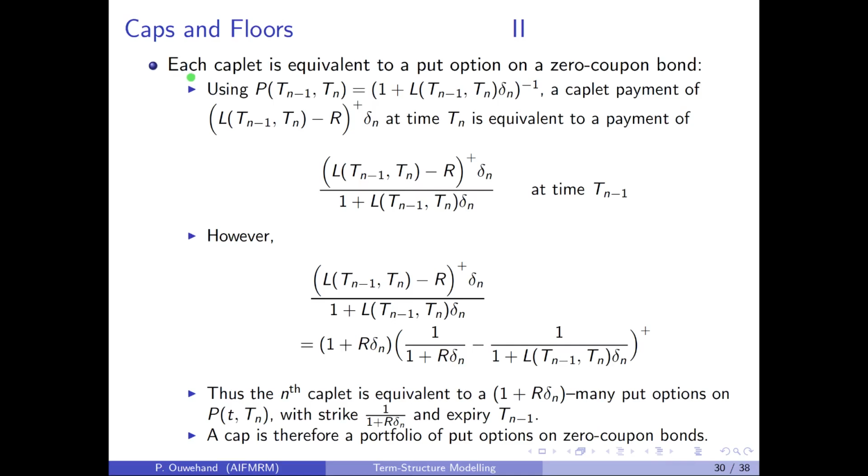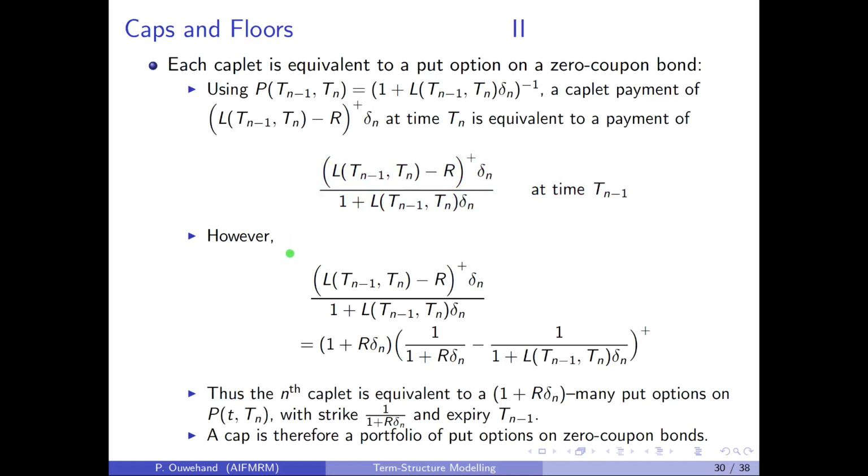We use this fact to show that each caplet is equivalent to a put option on a zero coupon bond. First, we express the value of the Tn bond at time Tn minus 1 in terms of the LIBOR spot rate, as follows. Then we discount the caplet's payment at time Tn, namely this expression here, by multiplying it by this bond, in other words, by dividing through by this expression. And so the payoff of the caplet at time Tn is equivalent to a payment of this expression here at time Tn minus 1.